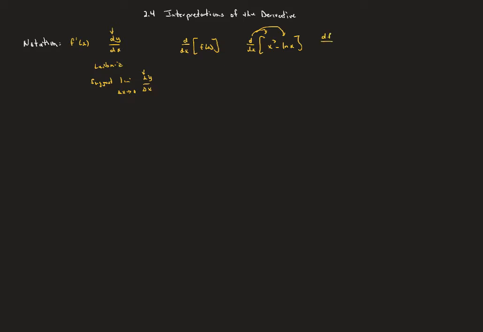Sometimes we'll see it written as df dx, so that Leibniz notation, but instead of y it might be the f standing for function, or we'll see a lot of times the derivative of whatever the name of our function is with respect to whatever that independent variable is. So ds dt is one we see a lot because particle motion, for whatever reason, is often referred to as s of t. So it's saying take the derivative of that s function, with respect to the independent variable t.